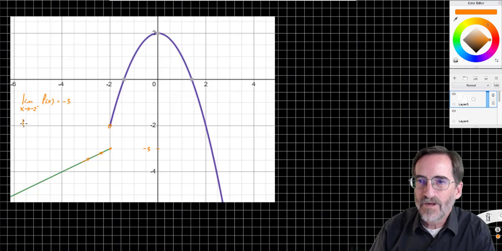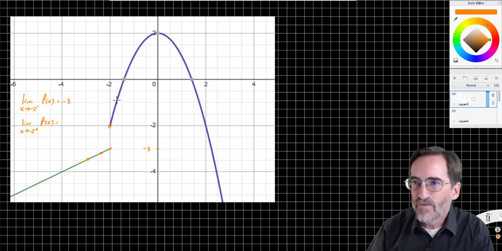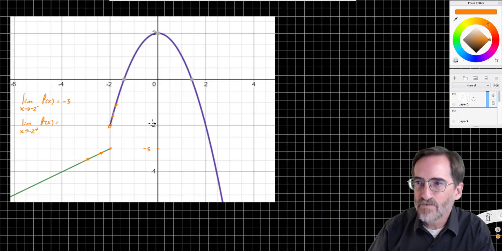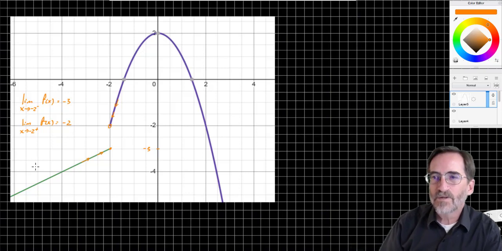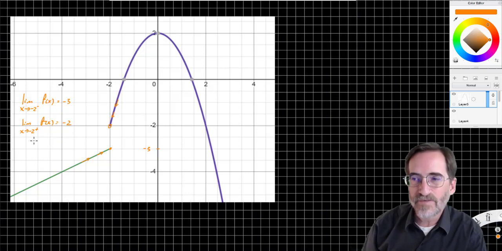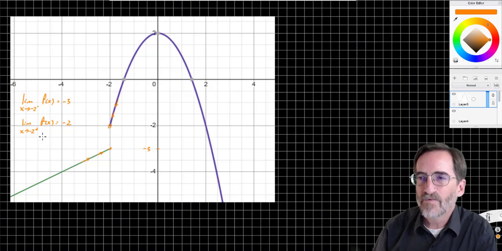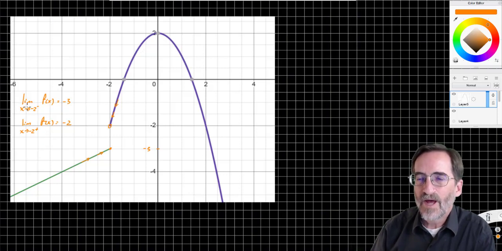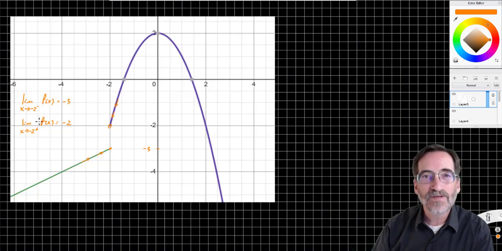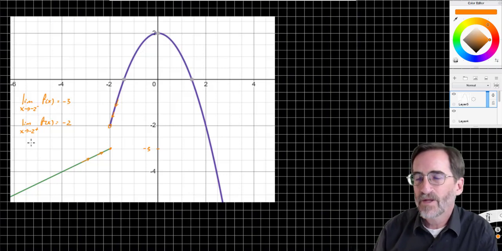Okay, what's the limit as x approaches -2 from the right side of f of x? As we approach it from the right side, it's getting closer and closer to -2. So we can clearly see with this step or jump discontinuity that there is a disagreement between the left-hand limit and the right-hand limit.